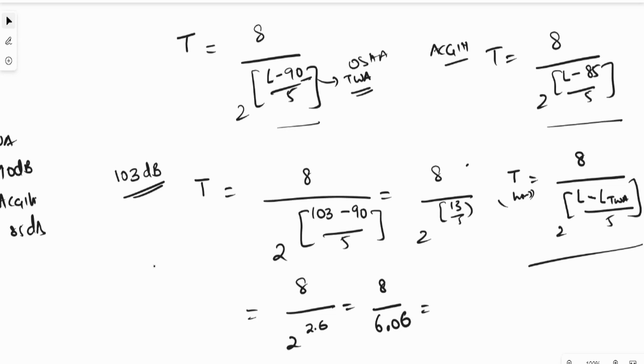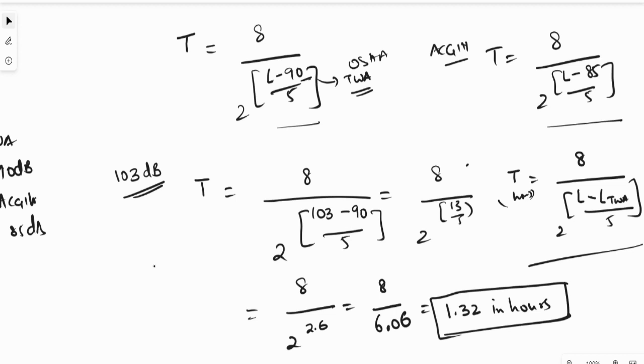So if you calculate 8 divided by 6.06, you will have 1.32 hours. So any person who enters that particular area can be exposed for up to 1.32 hours. That is the time duration he can spend there.